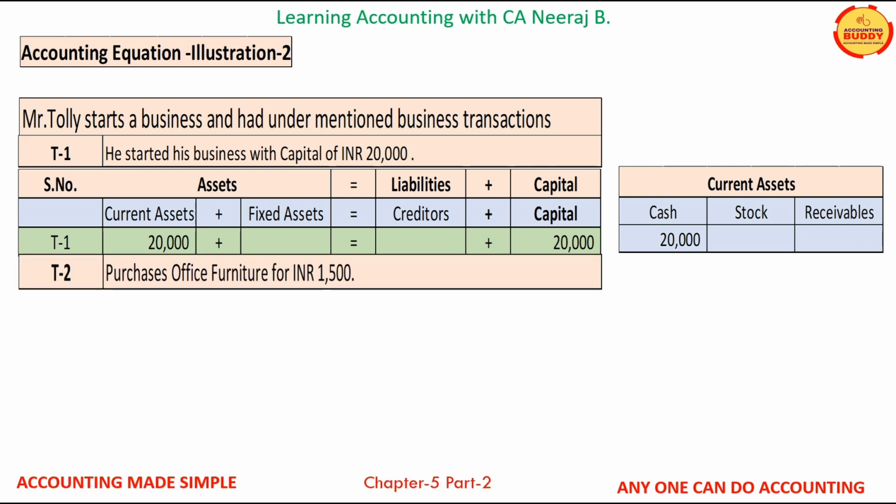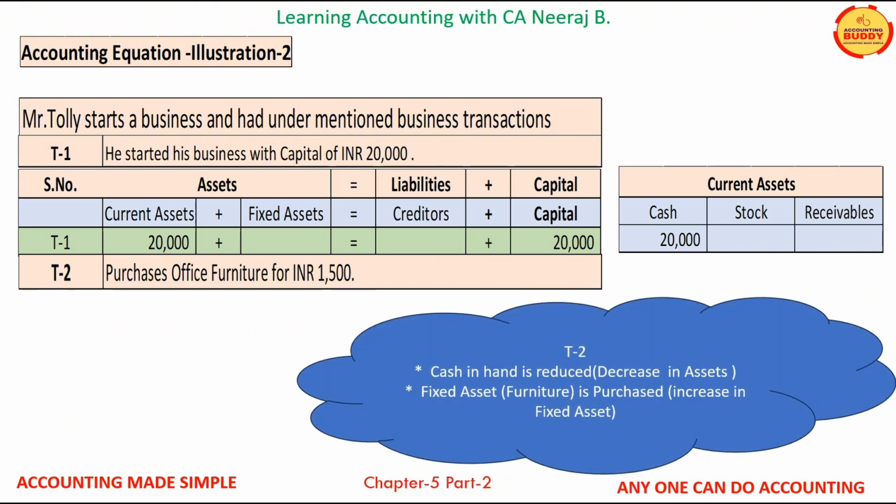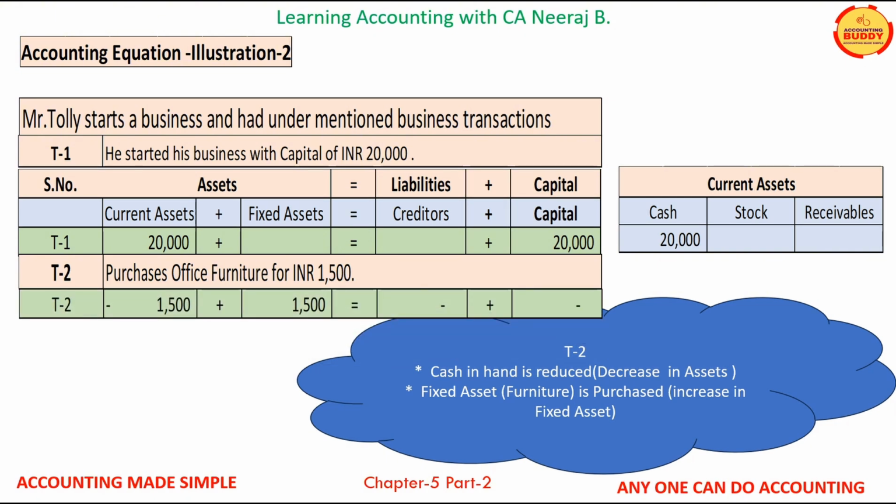Under transaction number T2, Mr. Tolley purchased office furniture for 1,500. Two accounts which are getting affected are first assets as the furniture is purchased, and second again the assets as the transaction is settled by cash. Since both the accounts affected are assets, both amounts will appear on the left hand side of the accounting equation.